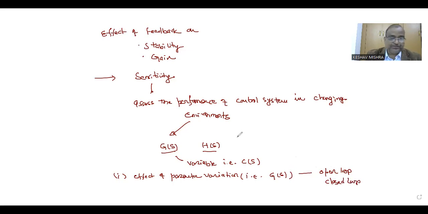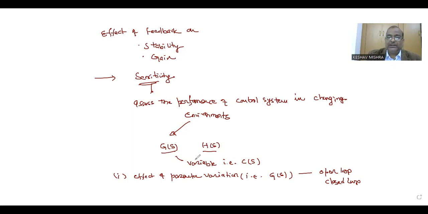Once again, I repeat, in today's class, we will discuss the effect of feedback on sensitivity. So this sensitivity is very useful term to assess the performance of a control system in changing environment. Because of changing environments, one of the parameters, say for example, G(s), that is forward path transfer function, or H(s), that is feedback path transfer function, may change.